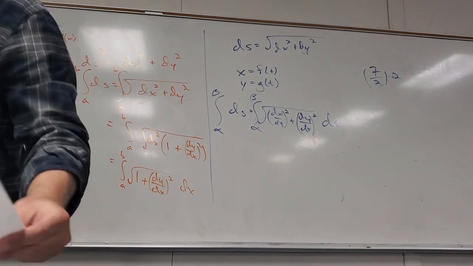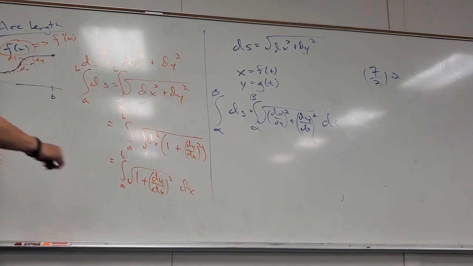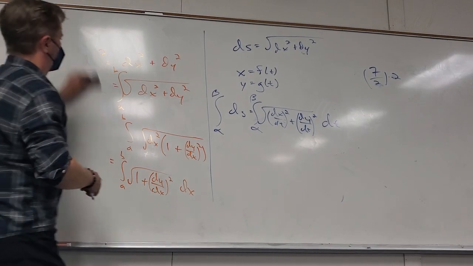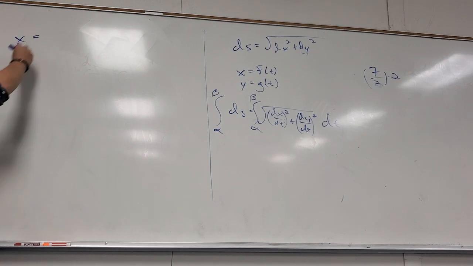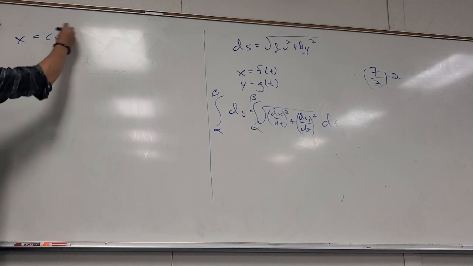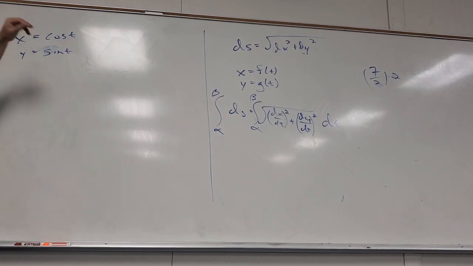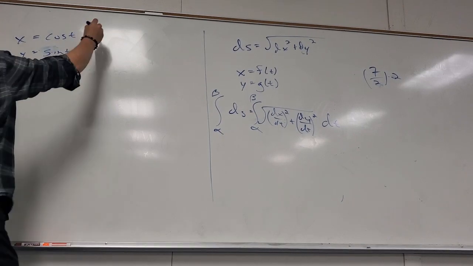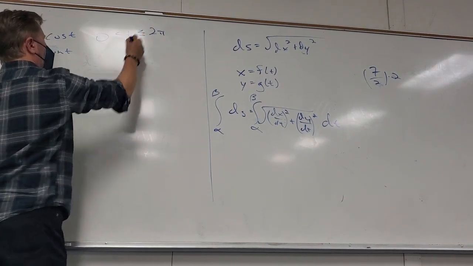Let's try a concrete example maybe. Let's see if we have a really quick one. Yeah, that's a very quick one. Let's try that one, and then we'll head out. So what if they gave us x equals cosine t, y equals sine t, with 0 to 2 pi for t?